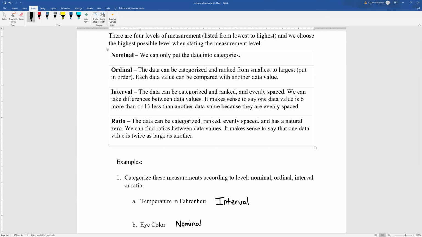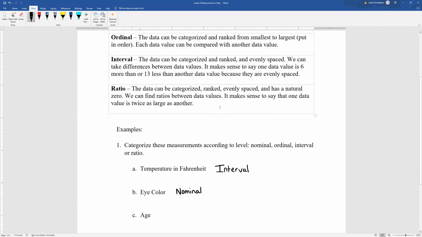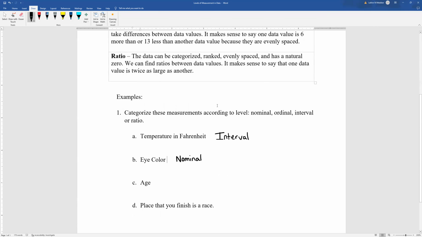So that is an evenly spaced interval of time. Also, we can say that someone is twice as old as I am because we have that absolute natural zero. We can say someone is 1/3 of my age. So ratios make sense. So age is a ratio measurement.